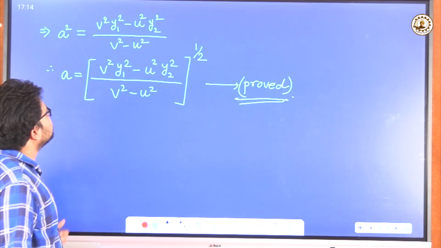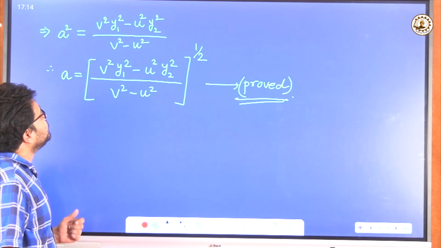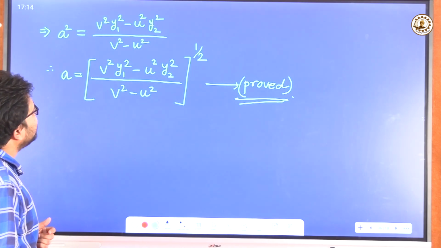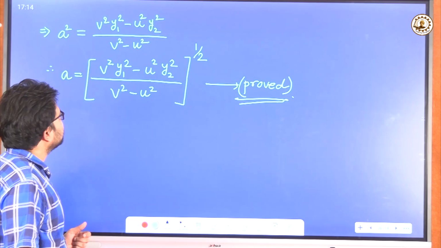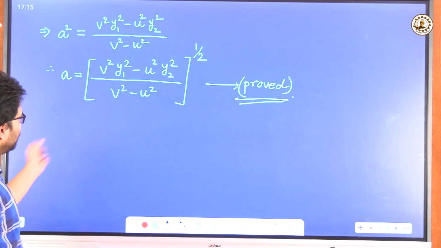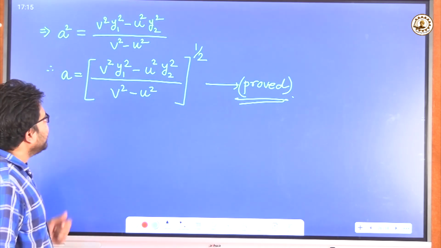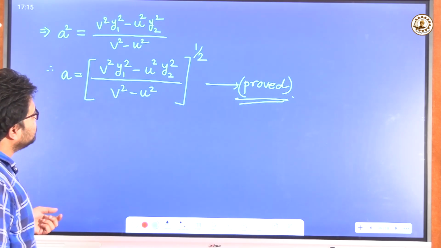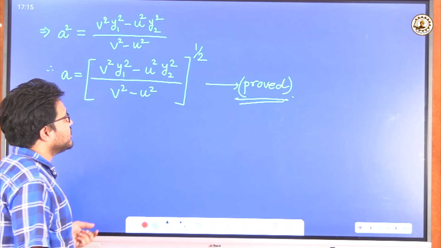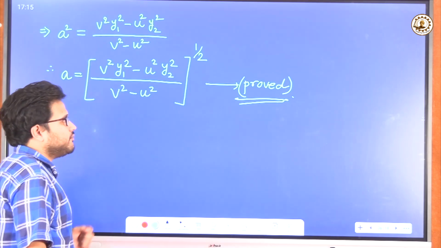Therefore a square equals (v square y1 square minus u square y2 square) divided by (v square minus u square). Taking the square root on both sides, a equals (v square y1 square minus u square y2 square divided by v square minus u square) whole to the power half.